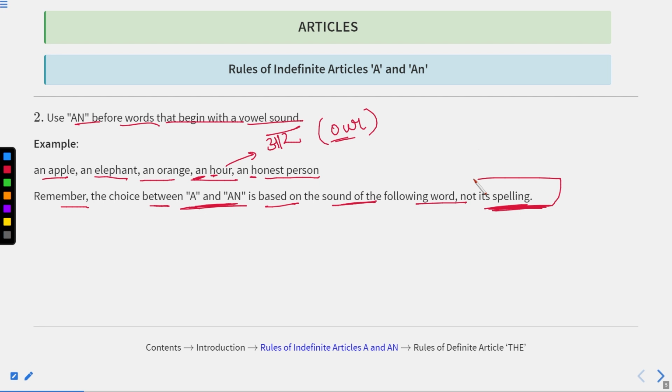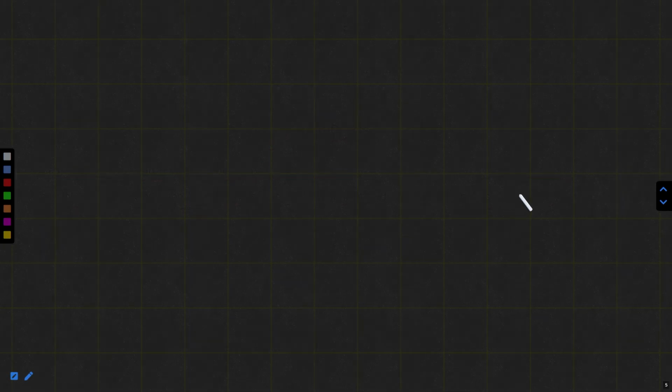Now, why use these indefinite articles? What is actually the use of indefinite articles? Why place them before a noun? Now there is a concept to use this indefinite article, and what is that? Let us discuss this. If a sentence contains a noun, and before the noun we are qualifying this noun with an adjective, and before this adjective we have an adverb.